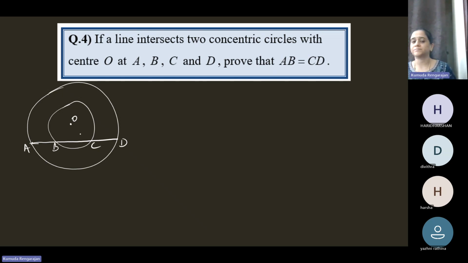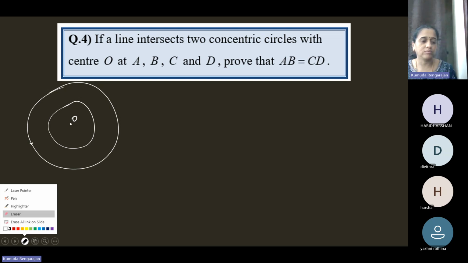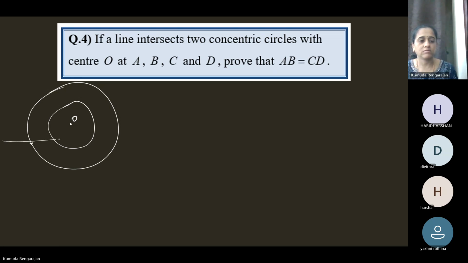And this is the center. If a line, say line L, intersects these two circles at the points A, B, C, and D, prove that AB is equal to CD. So I'll just write and explain.